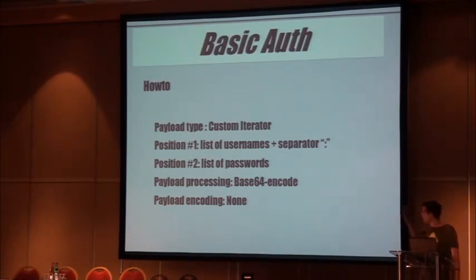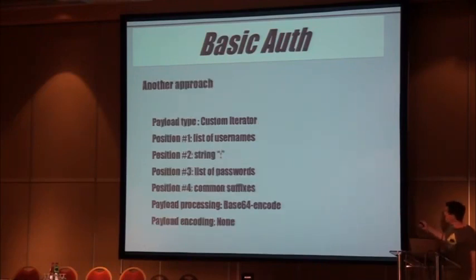And you keep your post-processing and encoding. And then you can get this kind of output, which is generated exactly like with the previous way to do it. So you have your login, you have your password, and you have a suffix. And so in fact, you have four positions: 1, 2 for the colon, 3 for the password, and 4 for the suffix.